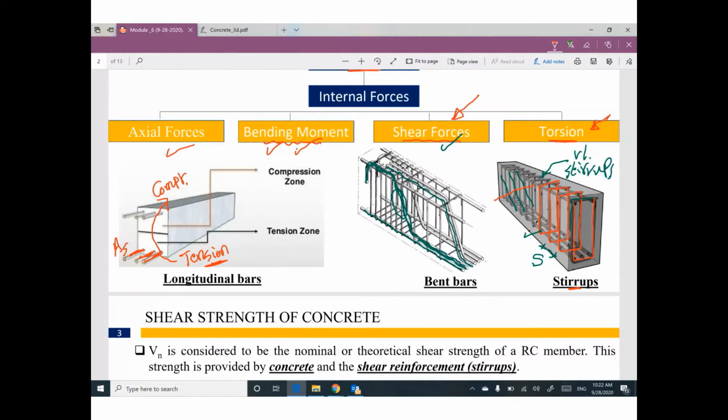From this point, I need you to learn something. We have something called shear force diagram. This shear force is resisted by something called stirrups, or in some cases, bent bars.